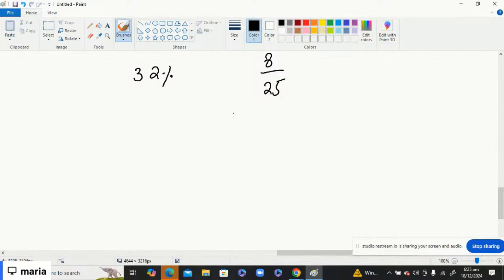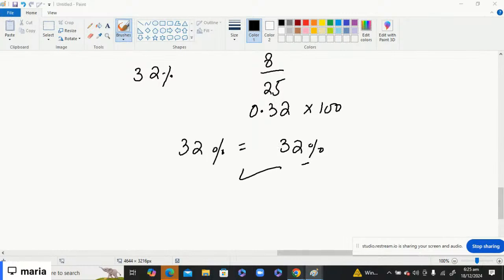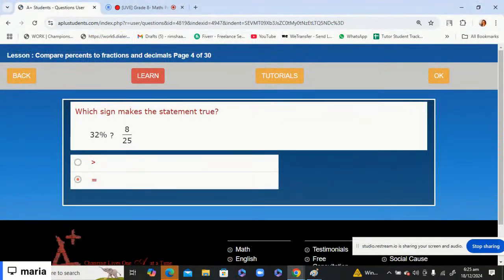What is the answer when you divide 8 over 25? This is 0.32. Now multiplying with 100, decimal to percentage, this is 32%. So the question is already in 32%, so these both are equal.